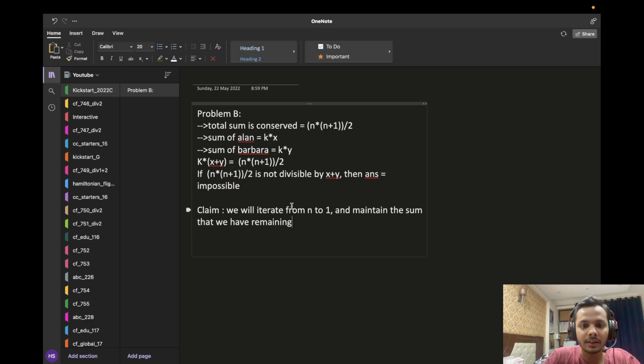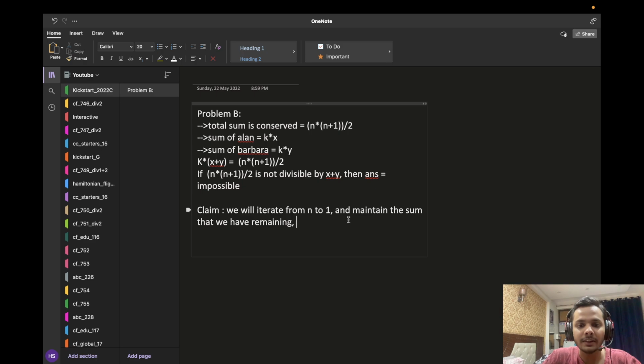When this sum becomes 0, that means the total sum of numbers that we have taken is equal to k into x. Initially this sum is kx, and we will keep decrementing it as and when we take a number in the subset. So this is the particular value that we have to fulfill.